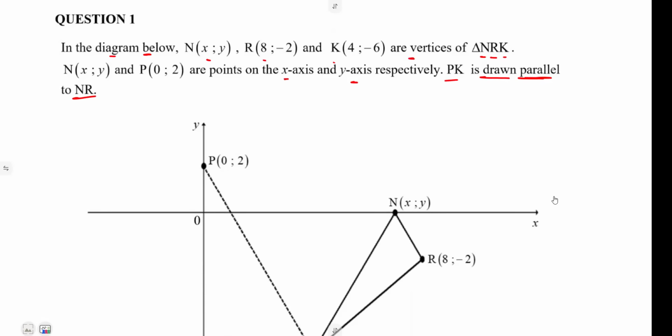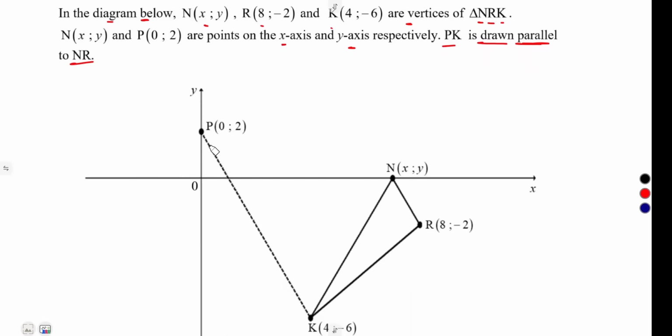So the line PK, the line drawn from point P to point K, is parallel to NR, this line. These two are parallel. From P to K, you can even indicate it that way, it's not a problem, and N to R like that.